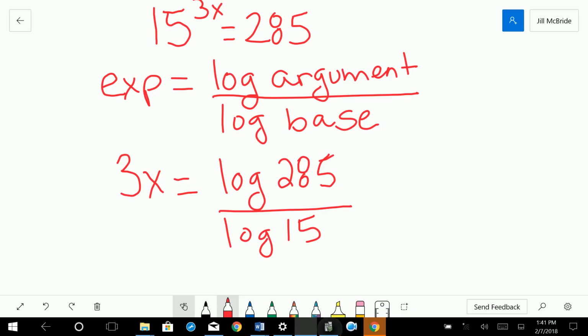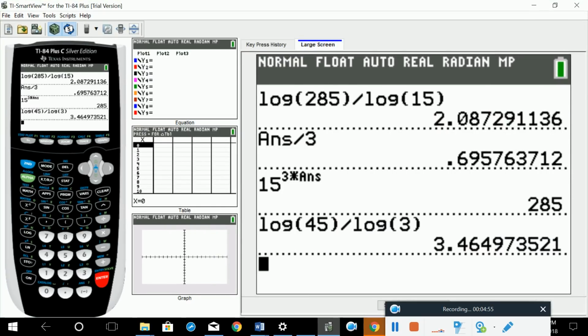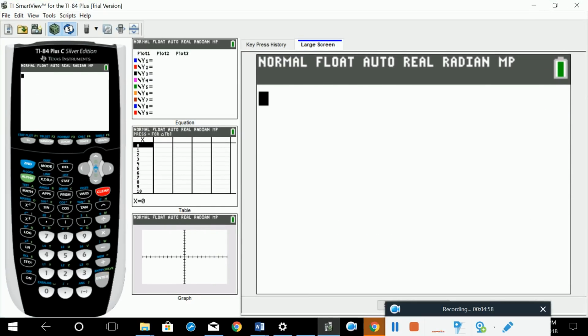So I'm going to go ahead and go to my calculator. And let's go ahead and clear this because I have stuff on here. And I'm going to do log 285, remember to close that parenthesis, divided by log 15.